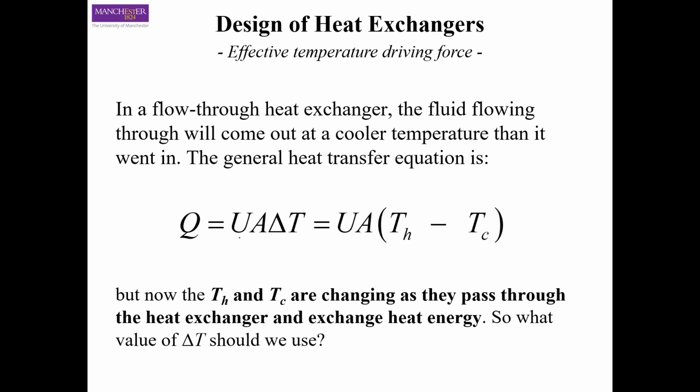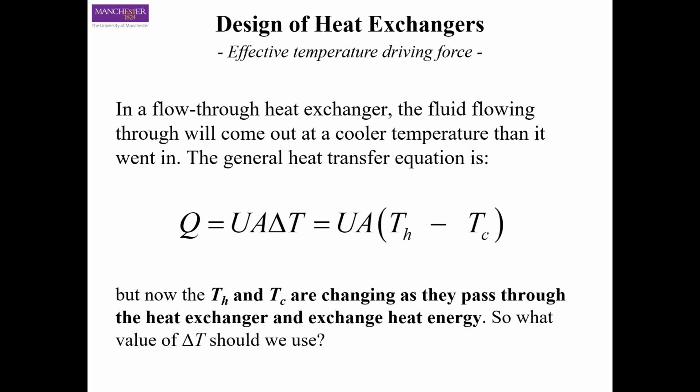If you write it in the form of hot and cold, you can write delta T as TH minus TC. When you have only 2 points, one hot point and one cold point, you can easily calculate the delta T.